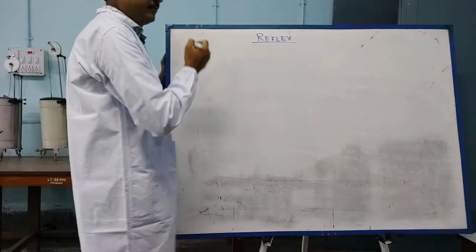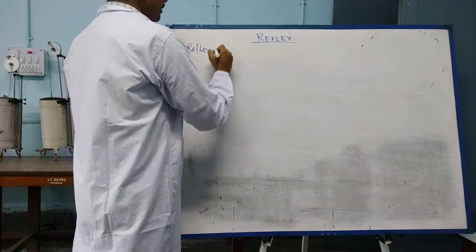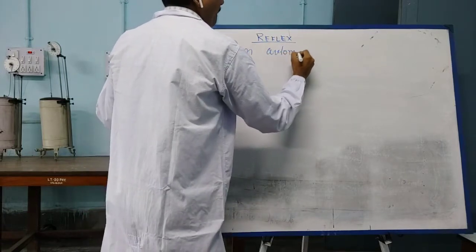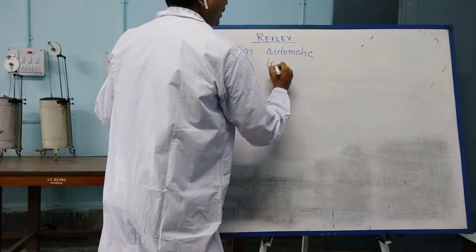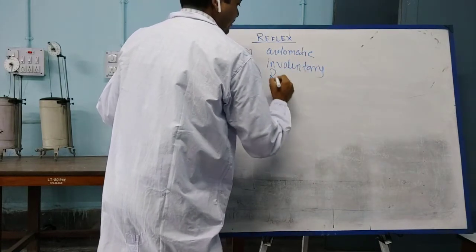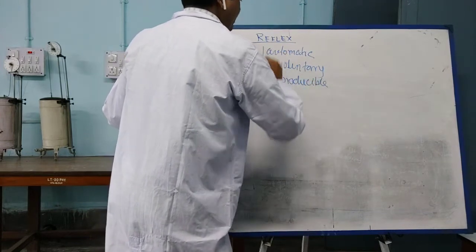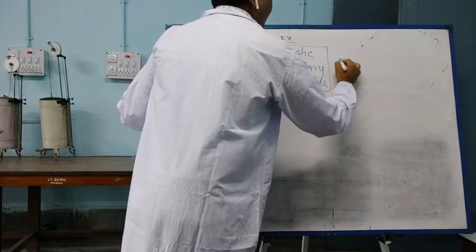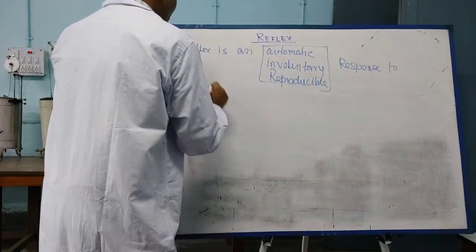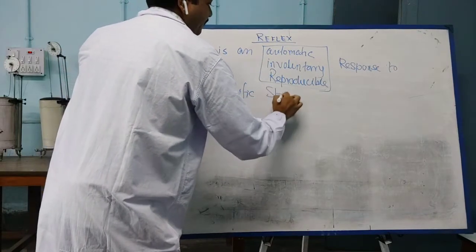Now, what is reflex? Reflex is an automatic, involuntary, reproducible response to a specific stimulus.